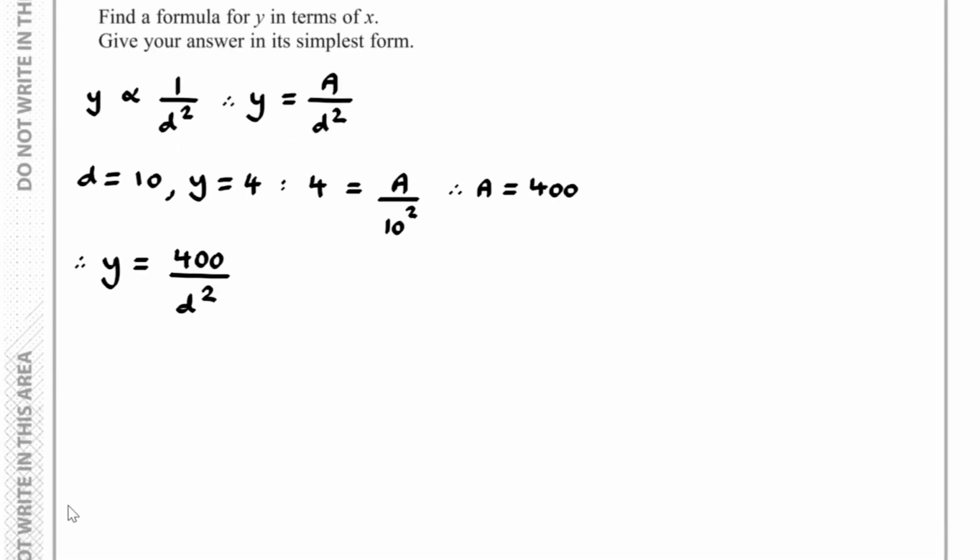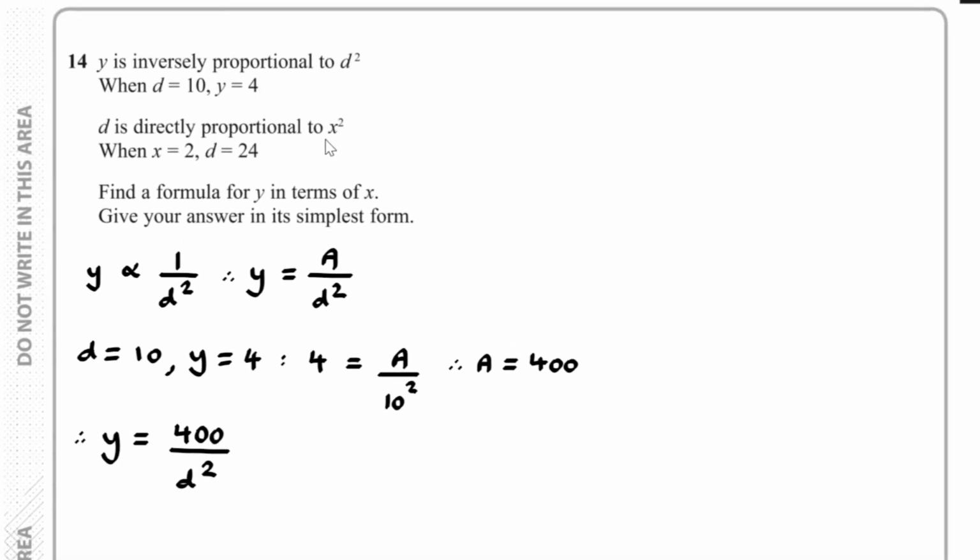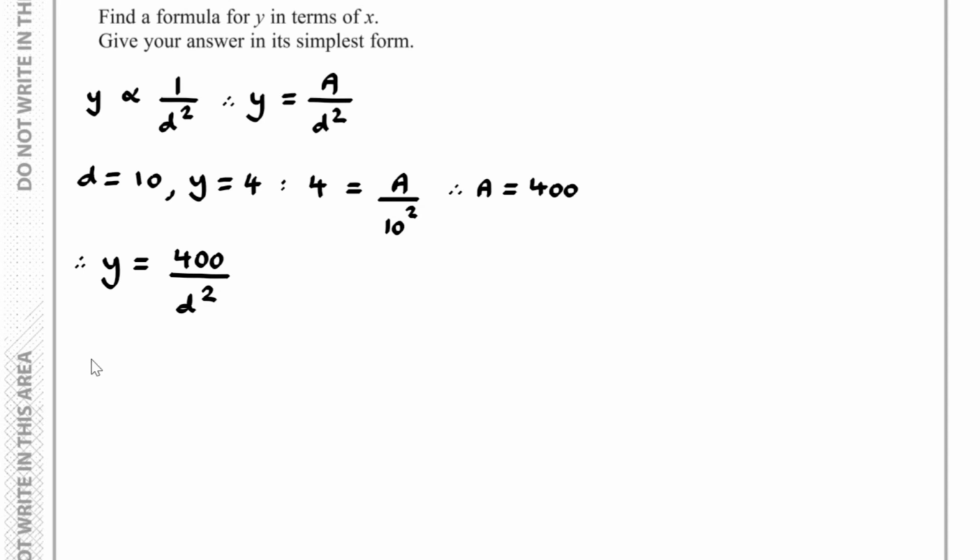Now, we also know that d is directly proportional to x squared, so I have d in direct proportion with x squared. In other words, d equals some constant b times x squared. And we have the condition x equals 2, d equals 24.